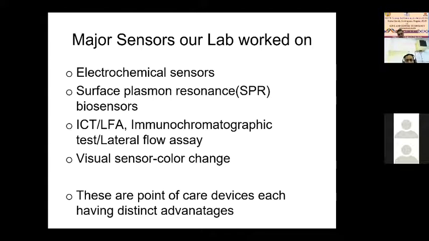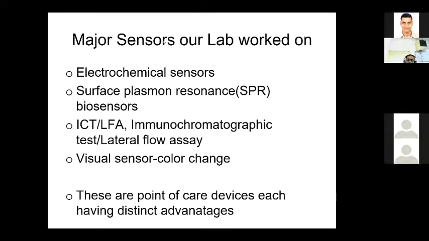And another is a visual test, where we can have a 2 ml or 1.5 ml tube and see the color change, and based on the interaction, whether the sample is positive or negative. So such sort of 4 technologies we have worked on at the IVRI successfully.